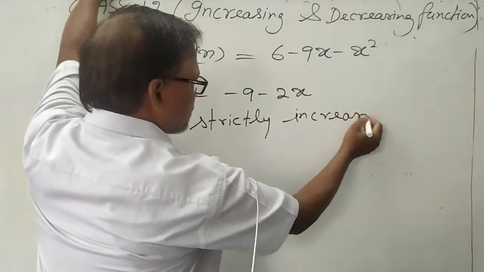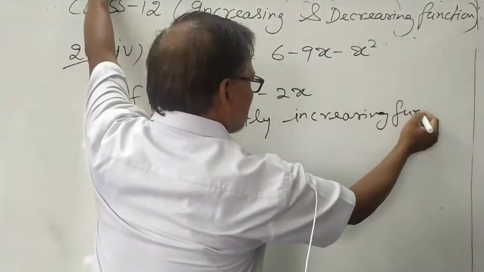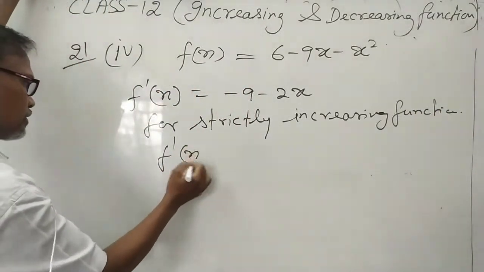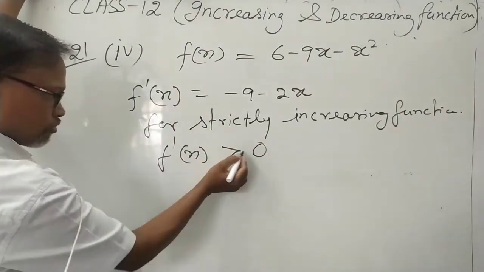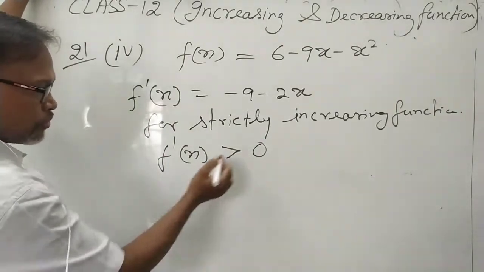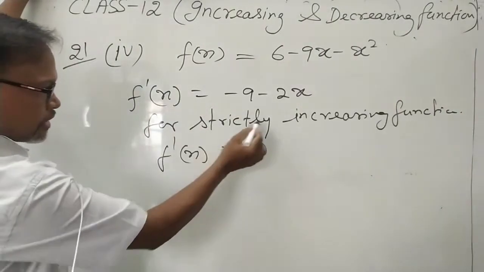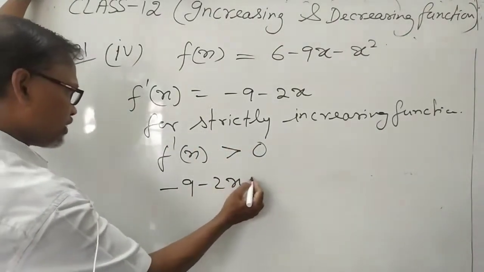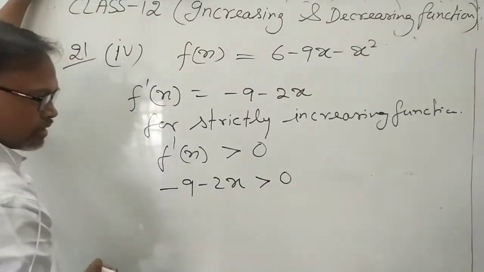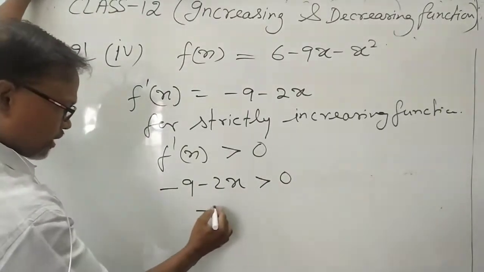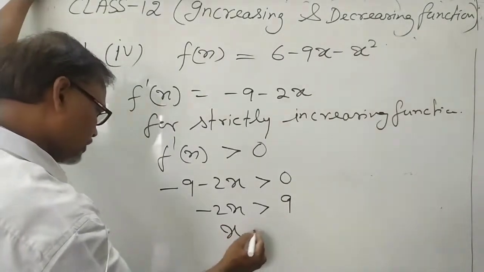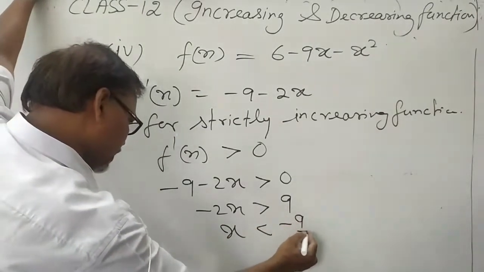Now for strictly increasing function, f dash x must be greater than 0. We will not put the equal sign because the word strictly is used. So minus 9 minus 2x is greater than 0. Now simplify for x. So minus 2x is greater than 9, or x is less than minus 9/2.